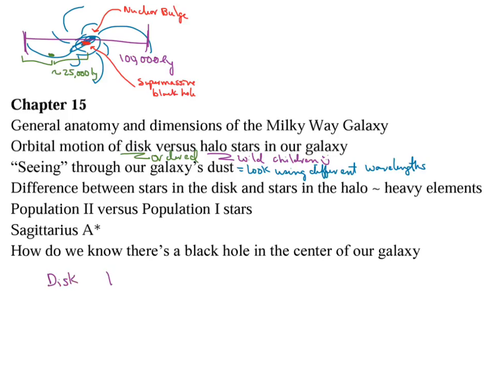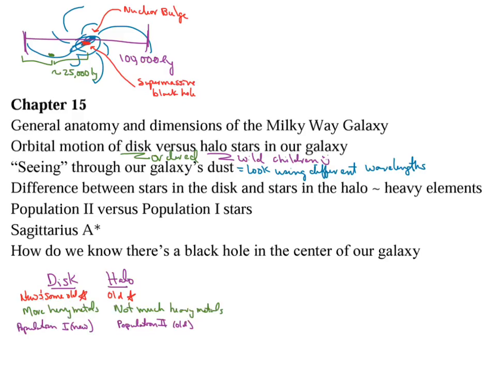Okay, so down here at the bottom, I made two columns for the disk stars and the halo stars. For instance, if I were to ask you where the old stars are, hopefully you would say they are in the halo. If I were to ask you which stars, old or new, generally have no heavy metals, hopefully you would say old stars don't have heavy metals because old stars aren't recycled stars.